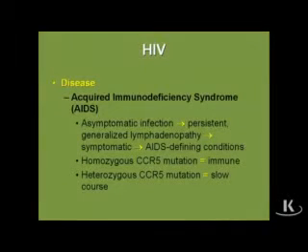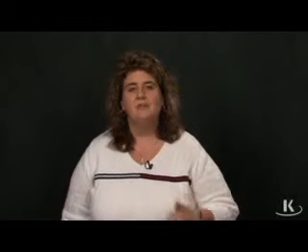Next, if you have a heterozygous mutation in CCR5, you're not immune, but even without antiretroviral drugs, your disease is on an extremely slow course, because you don't have as much CCR5 as somebody that has two good copies.